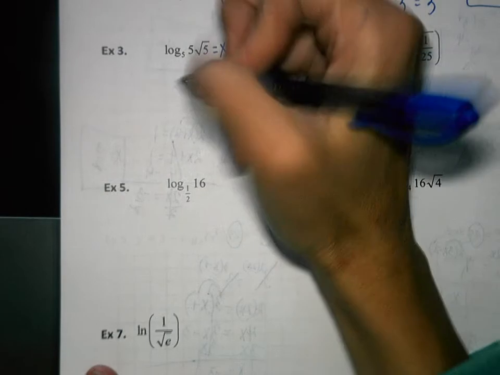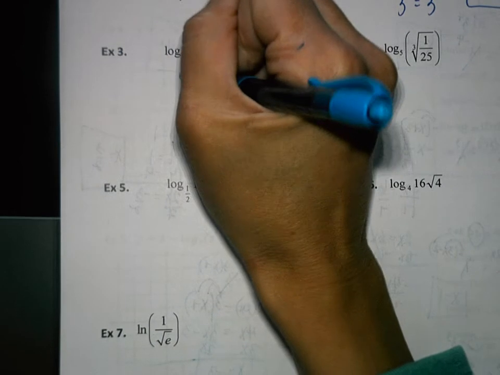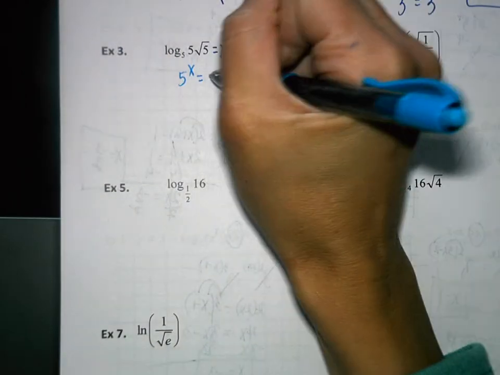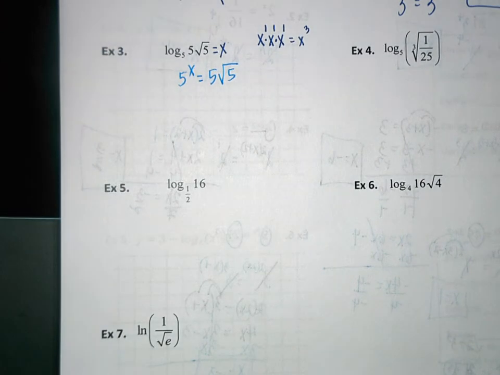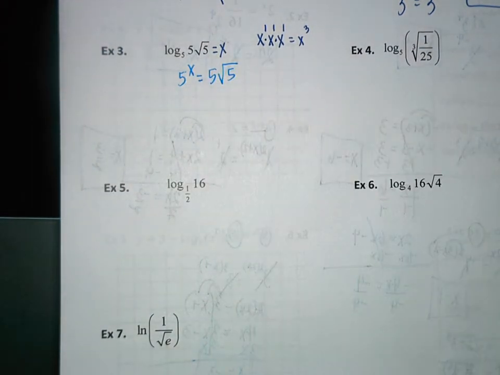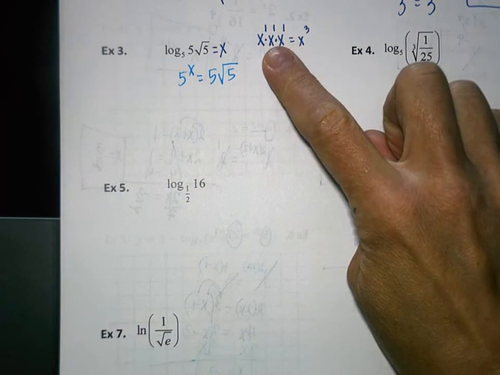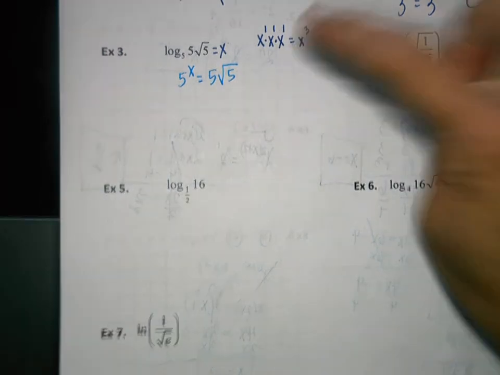So when I rewrite this, can someone tell me how to write this in exponential form? 5 to the x equals, very nice, 5 root 5. Perfect. Okay, so now we're going to figure out what this 5 root 5 is with it being combined. Just like here, how x times x times x, I combined it, and it was x to the third.